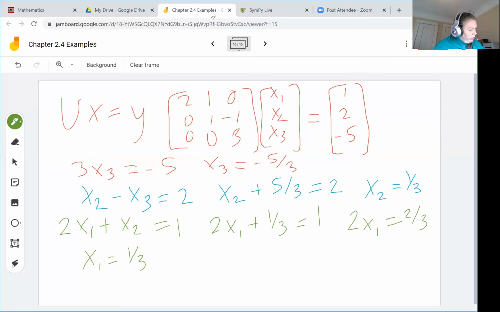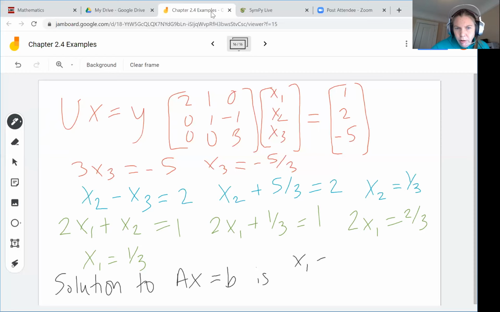All right, so we have our solution here. The solution to Ax equals b is x1 equals 1 third, x2 equals 1 third, and x3 equals negative 5 thirds.